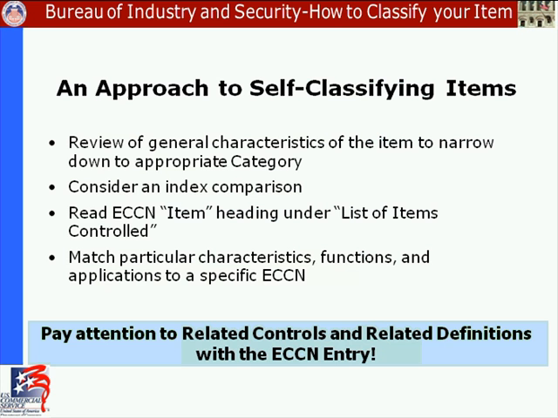And then, of course, you can look at our index. Remember I said at the beginning of the Commerce Control List, we have an alphabetical index that lists all the products we control. So you look at the index, and you probably will find more than one ECCN number, and then read all the relevant ECCNs. Okay? And then you look at the ECCN. First, you look at the heading.